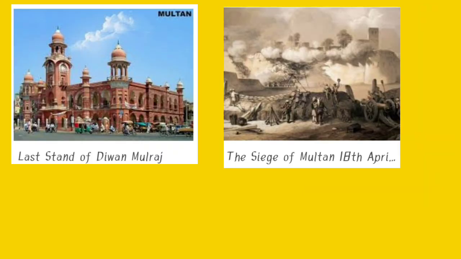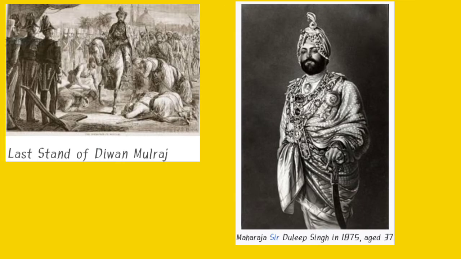Raja Dalip Singh, the last son of Ranjit Singh, had to pay the penalty of ₹1.5 crores to the British and accept the subsidiary alliance imposed by them. So students, these were the causes, events and results of the First Anglo-Sikh War.